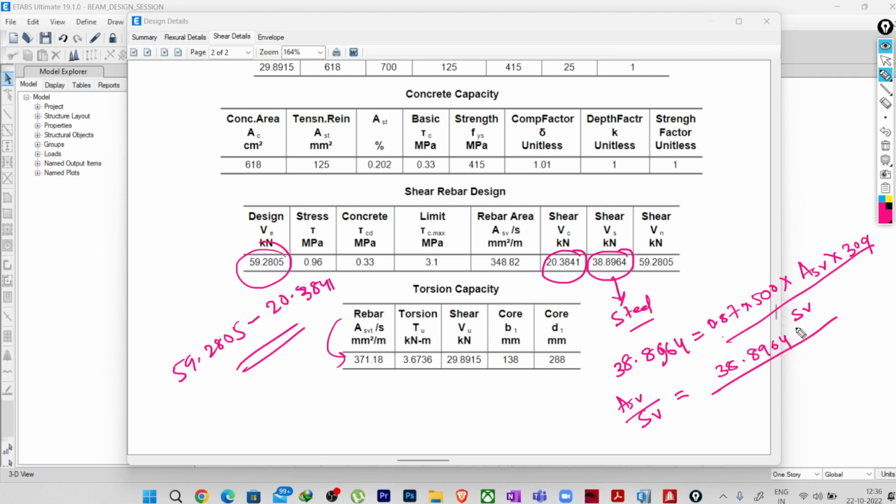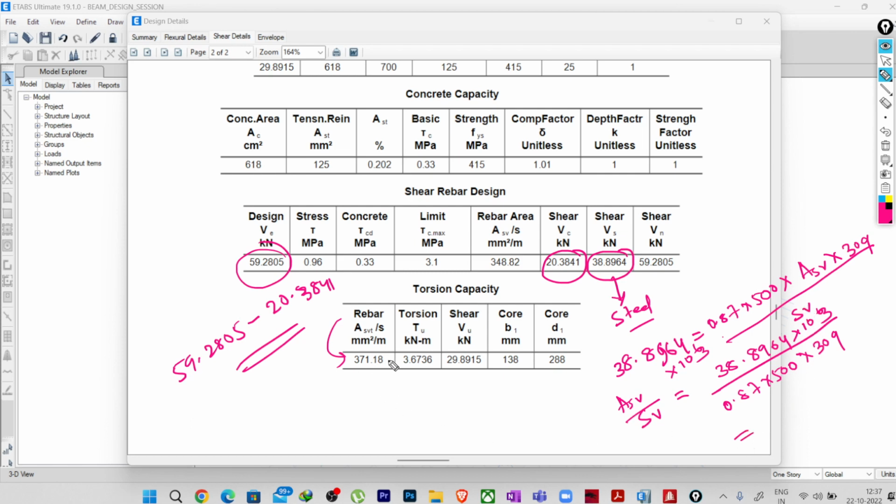38.8964 divided by 0.87 multiplied by 500. I think we need to multiply this with 10 power 6. Oh sorry, 10 power 3, because it is in kilonewton. So 10 power 3, 0.87 into 500 multiplied by 309. That's it, I guess.